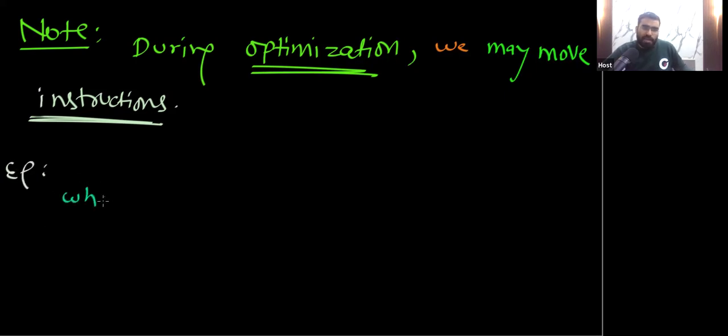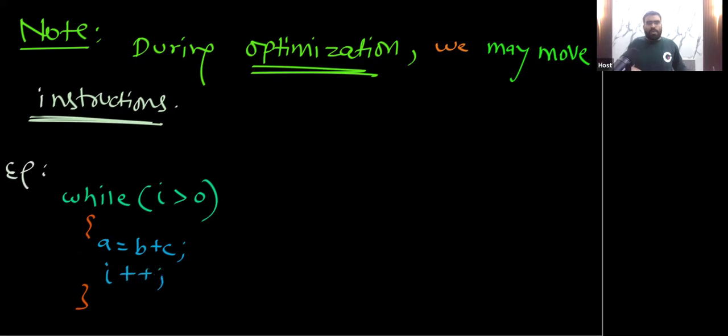Suppose there is a while loop: while i is greater than 0, in a I am putting b plus c, and then I am doing i minus minus. Let's assume something like this: sum equals sum plus i, and then i minus minus, that is, in i I am putting i minus 1.